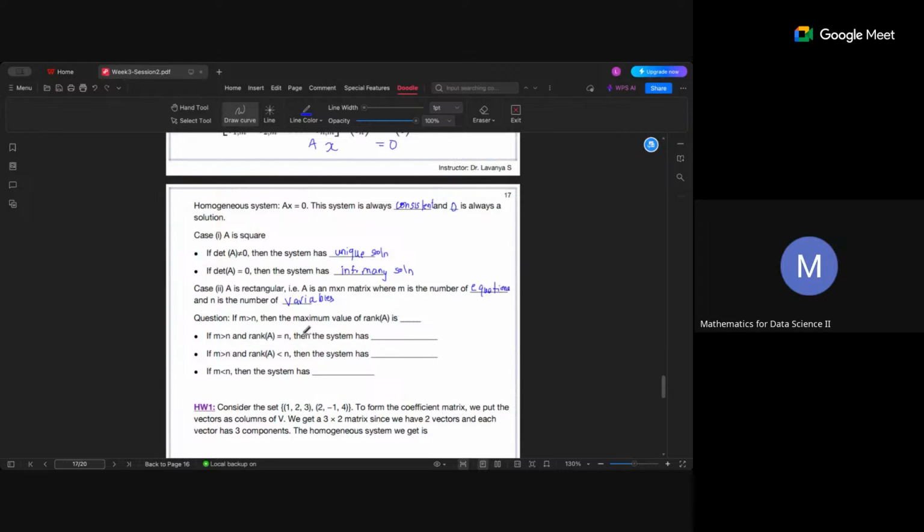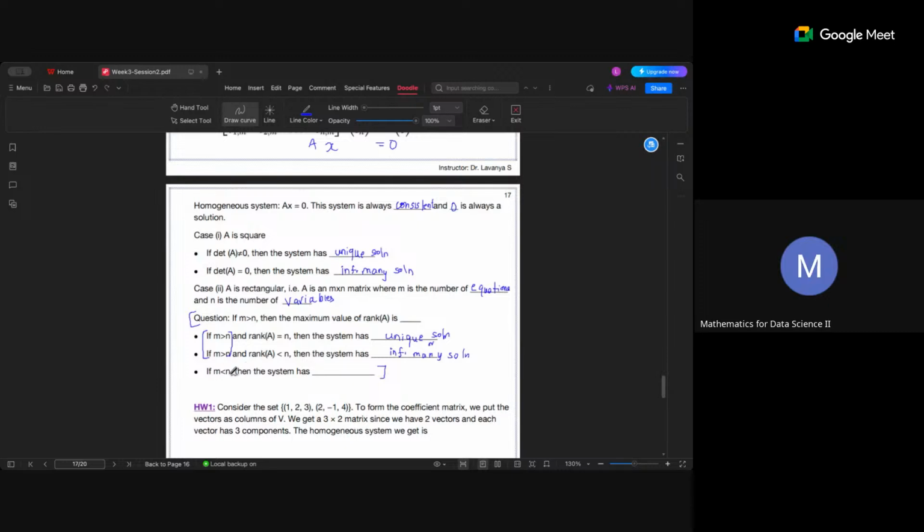All right. Now, if m is greater than n, then the maximum value of rank of A is... So we did not introduce rank yet, right? The rank is not yet introduced. But anyway, this is what we will be using later. So maybe I'll just say that if m is greater than n, then you have two possibilities. Either you can have a unique solution or you can have infinitely many solutions.